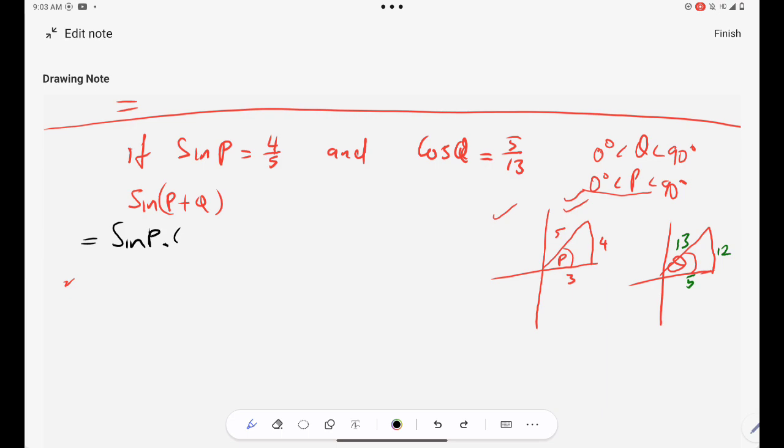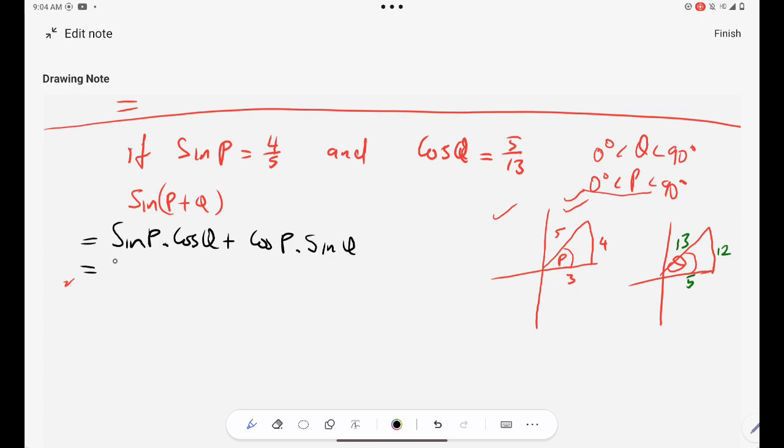This will be sine P multiplied by cos Q plus cos Q multiplied by sine P. No, man. It's vice versa. It's cos P multiplied by sine Q. It's sine of the first angle multiplied by cos of the second angle plus cos of the first angle multiplied by sine of the second angle.